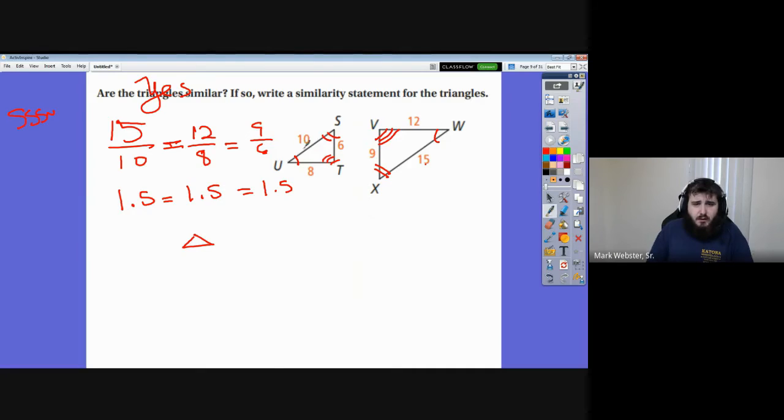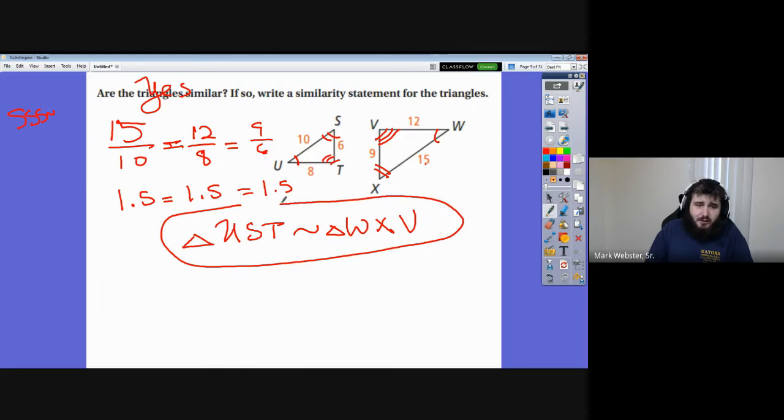So triangle UST is similar to, well, I did the one angle first, so W. The 2 angle came second, that's X. The 3 angle came third, that's V. All right? And that's going to make a big difference in how you do this.